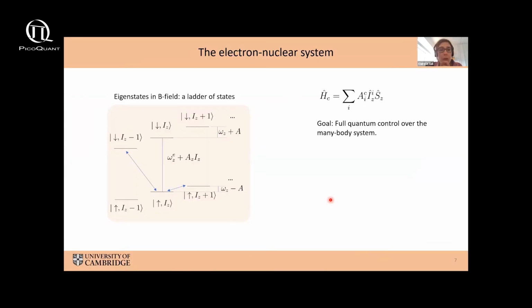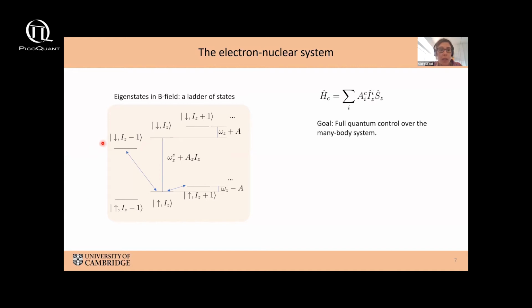So the way we're going to do this is, well, before I explain how, sorry, I'm first going to explain the eigenstates of our system. So let's take the electron spin and the nuclear spin state in an external magnetic field. Our electron spin will be split by the Zeeman energy.